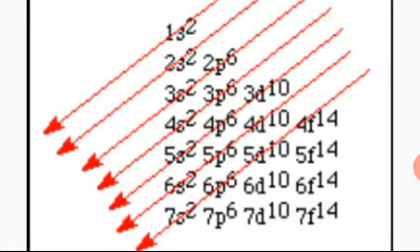There are 7 periods in the periodic table, 7 shells, so 7 numbers. These are the n values. If n equals 1, 2 electrons can be accommodated, so only subshell s is required. That's why I wrote 1s2.